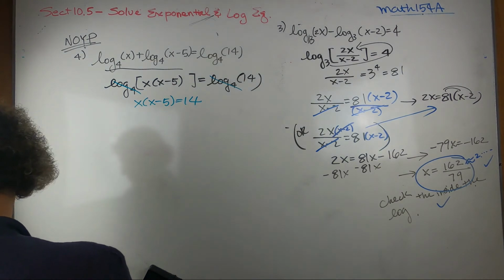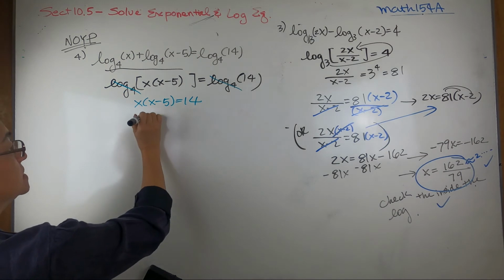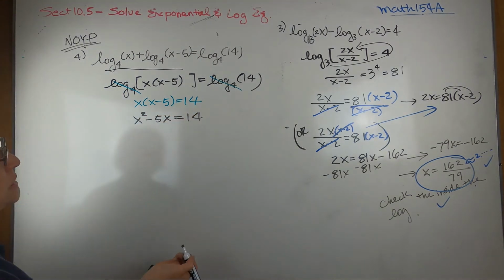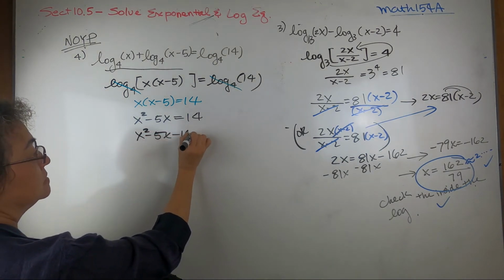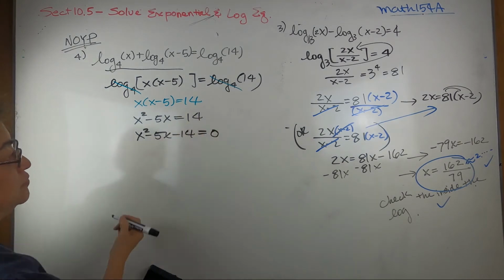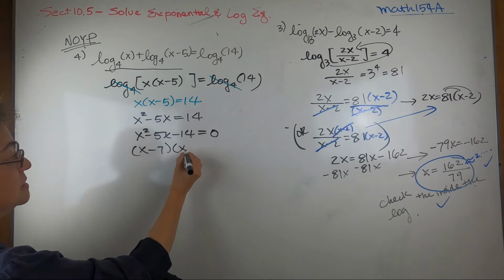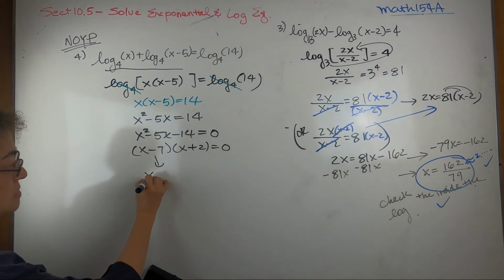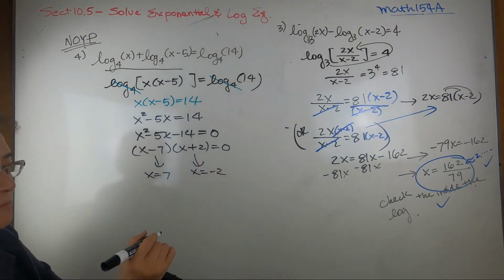So what kind of equation do we have? Not in standard form, so it's a quadratic equation. Then we will write it in standard form, right? Minus 14, then we can write x minus 7 times x plus 2 to factor it, right? So x is 7, and x is negative 2.